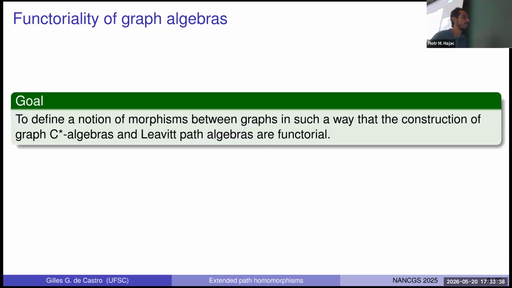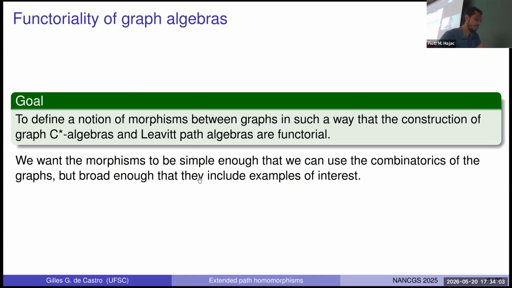Okay. Now, to state the goal of this project: we want to make the construction of graph algebras, Leavitt path algebras, Cohn path algebras, graph C-star algebras, all these algebras, and then the top is C-star algebras, functorial. And then the question is what kind of morphisms we define between graphs.